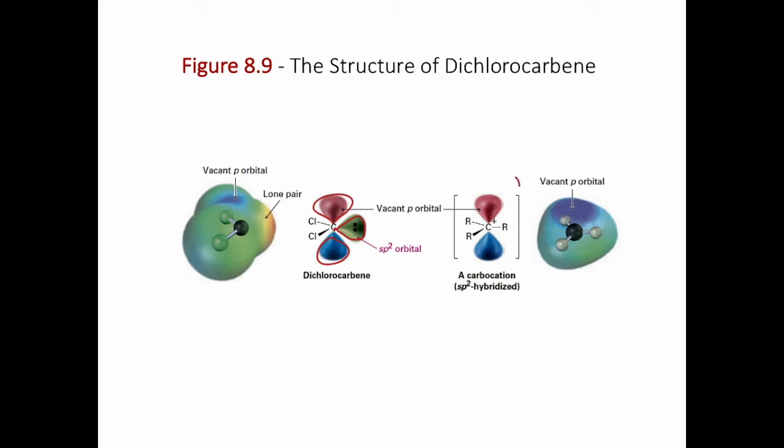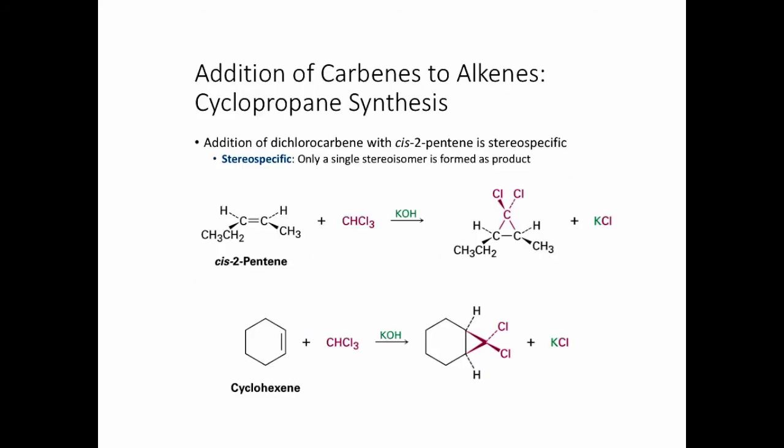And notice how this is analogous to a carbocation, which is sp2 hybridized and has a vacant p orbital, but it's neutral, not charged like a carbocation. And this carbene is a very good electrophile, like the carbocation. So when you add an alkene with chloroform and potassium hydroxide, you get the cyclopropane product.